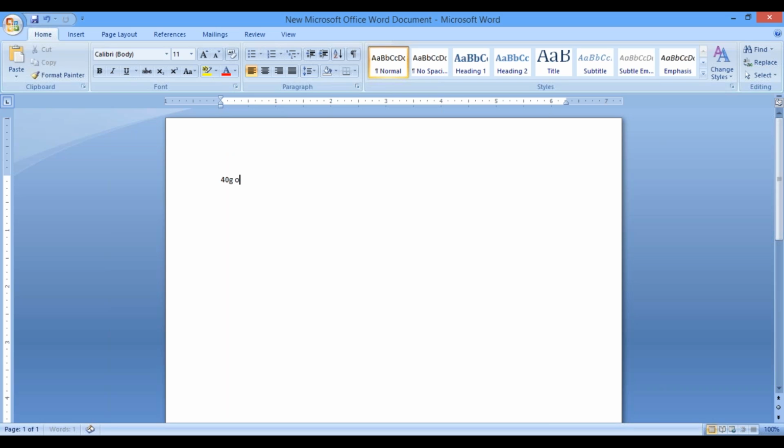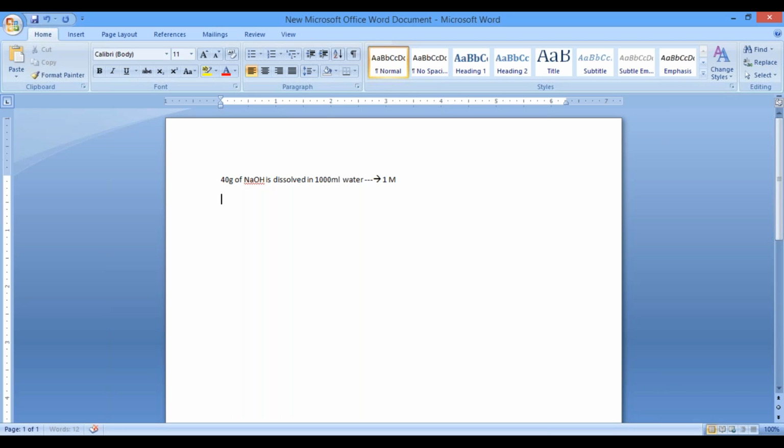40 grams. Can you see the words? Yes. So 40 grams of sodium hydroxide dissolved in 1000 ml of water gives you 1 molar solution.